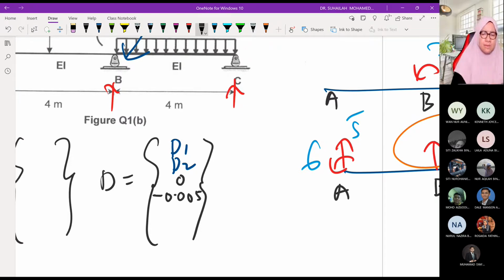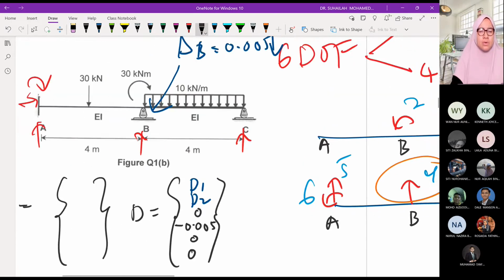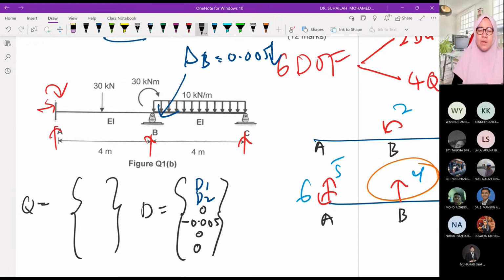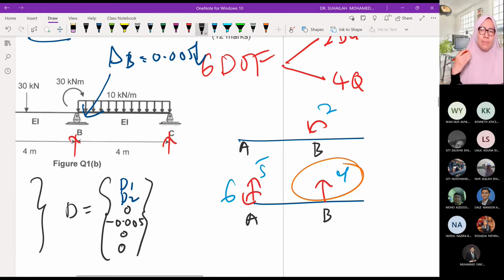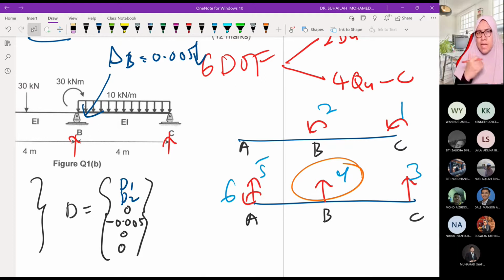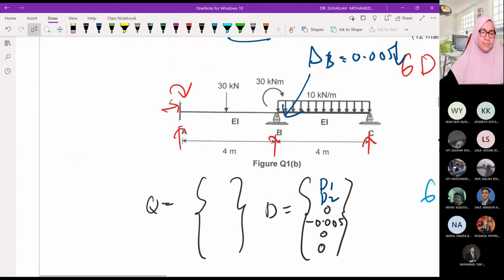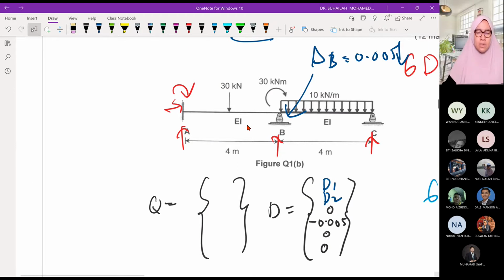The others are 0. So it follows how we label. If we label B as 3, it becomes D3 that is negative 0.005. If we label B as 6, it becomes D6 that is negative 0.005. The rest 0.